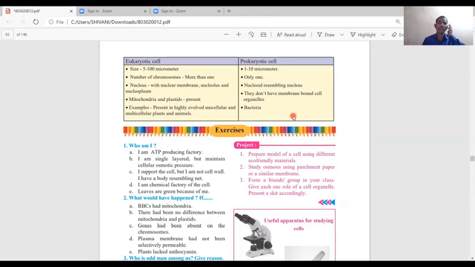So mitochondria is also known as the powerhouse of the cell. I am single layered but maintain cellular osmotic pressure. The name of that organelle is vacuole. Have a body resembling a net. Endoplasmic reticulum.